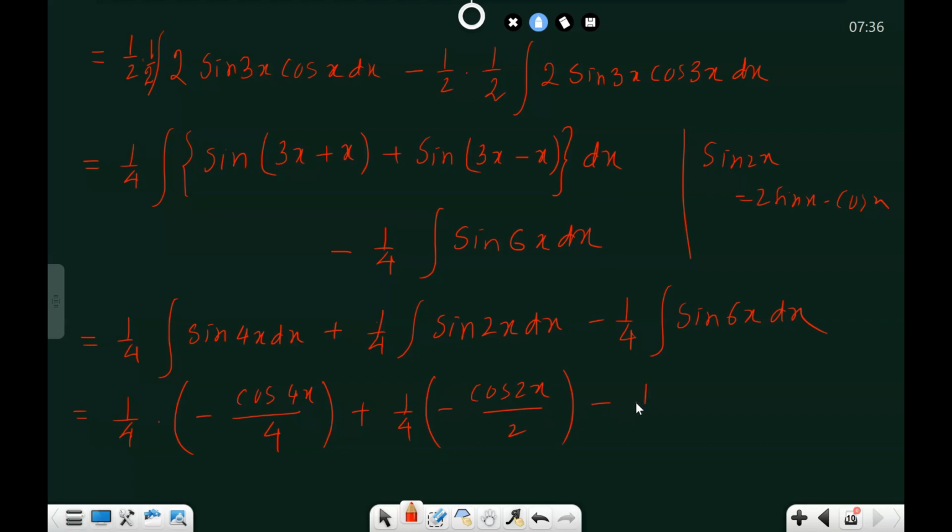Then minus 1 by 4 integration of sine 6x integral is minus cos 6x over 6, and integration is completed, so you give a constant of integration c. Now just simplify it, and that is very simple. Just simplify it.